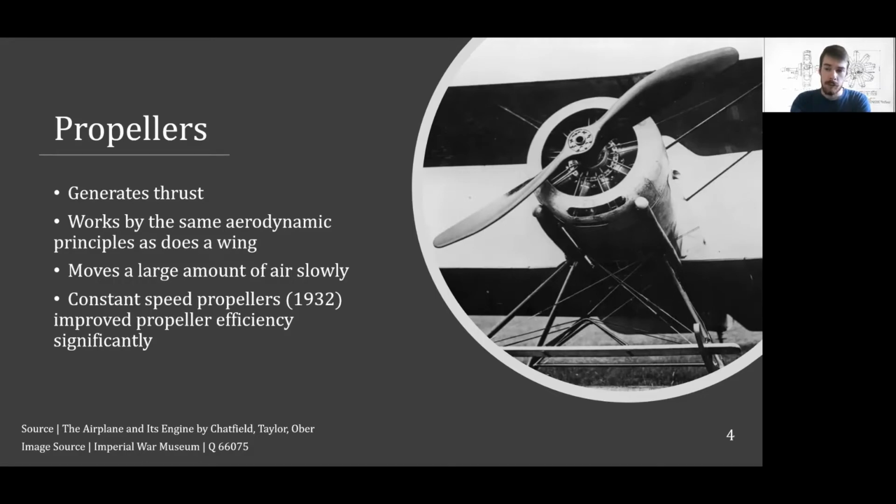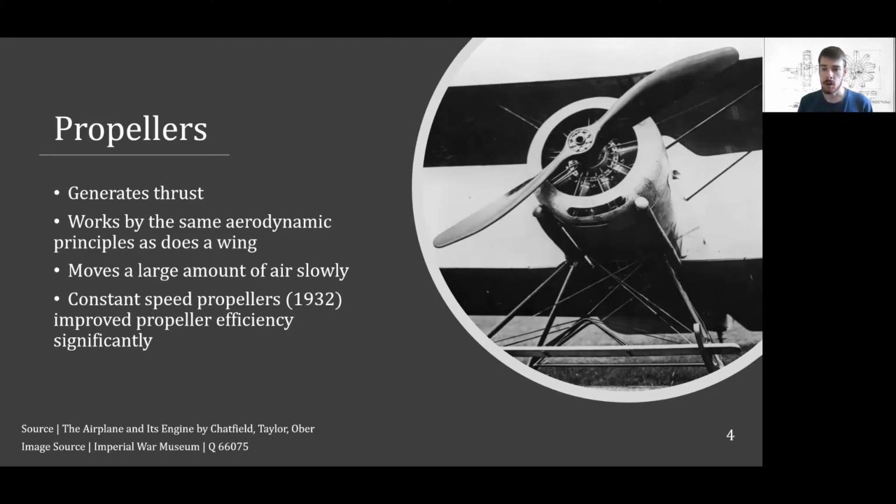And also for the first period of propellers, starting with the Wright brothers, and then all the way until the 1930s, propellers were fixed pitched, and that meant they were only optimal at a specific design condition.